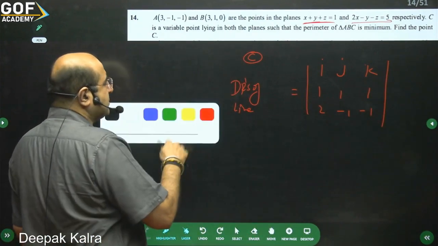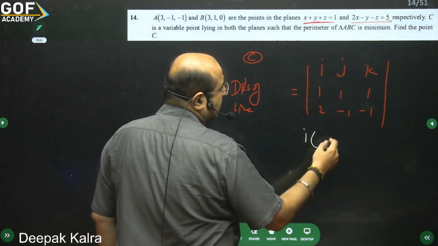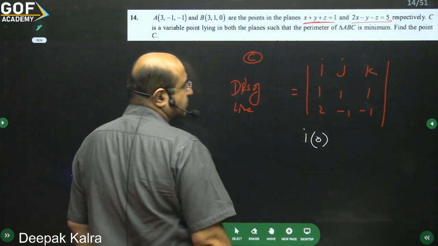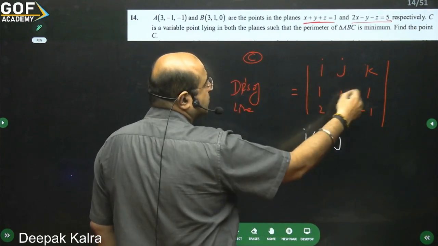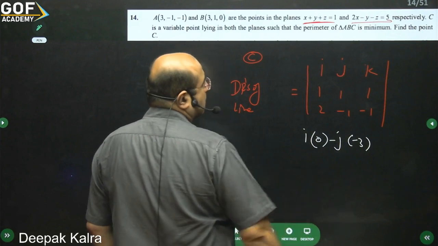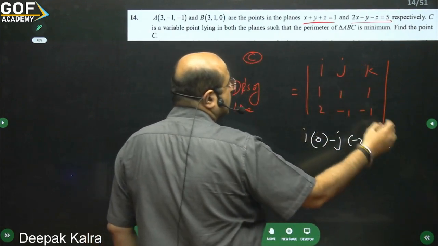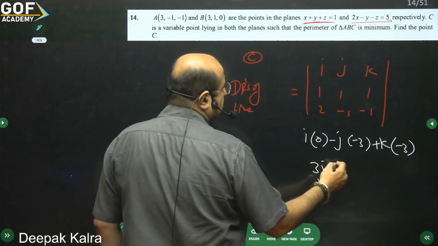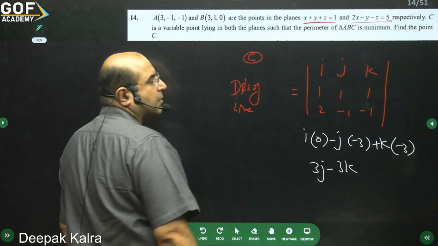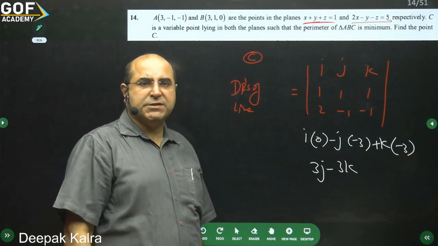So to get this, it's easy. i minus 1 plus 1 becomes 0. Minus j times minus 1 minus 2 minus 3, plus k times minus 1 minus 2 minus 3. You got 3j minus 3k as the direction ratios of the normal or of the line of intersection.